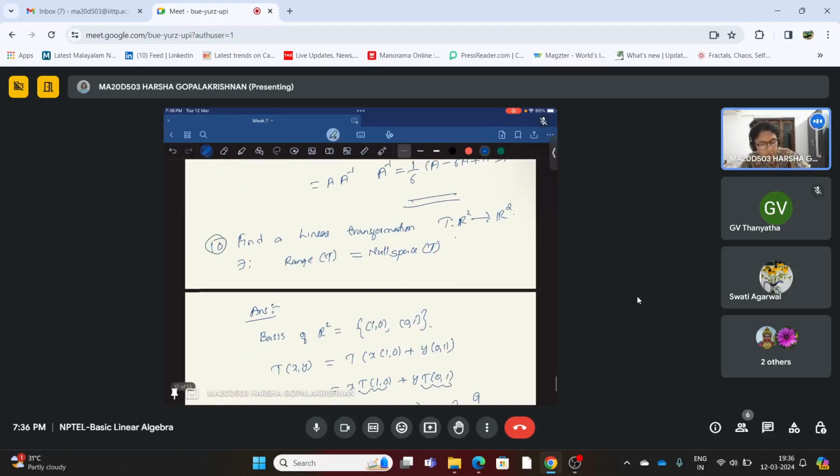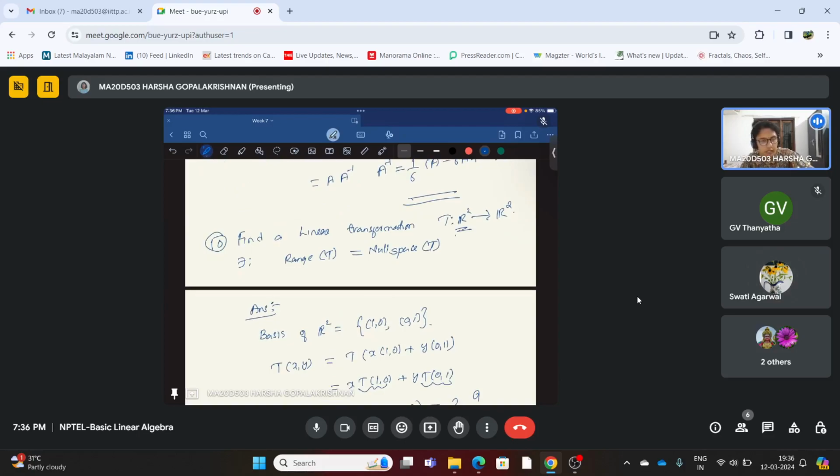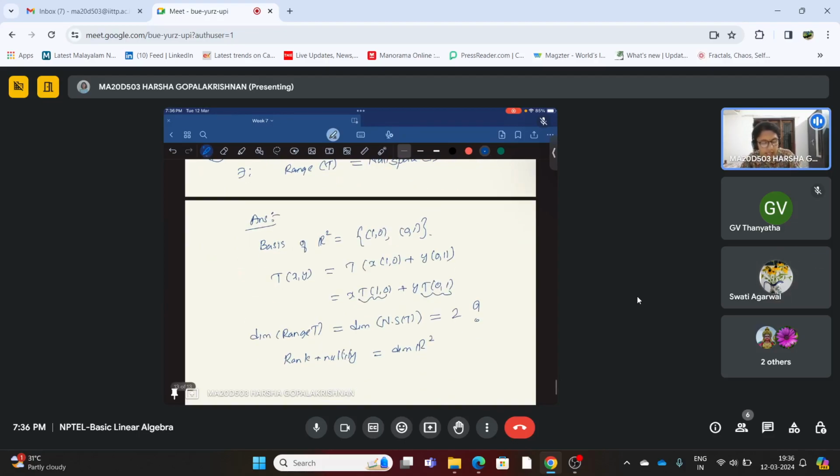Rank means the dimension of the range. Here rank is 2, nullity is also 2. Nullity means the dimension of the null space. If both are 2, then the sum is 4, not 2. This is a contradiction, right?